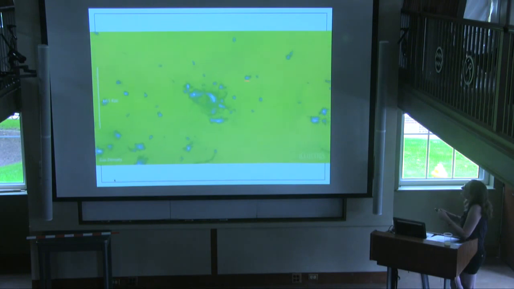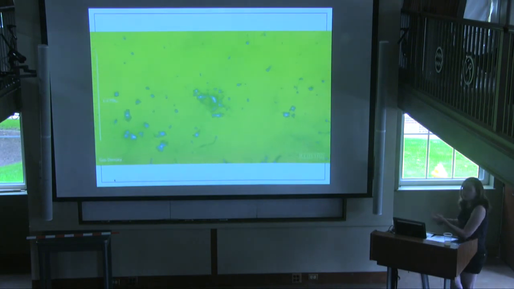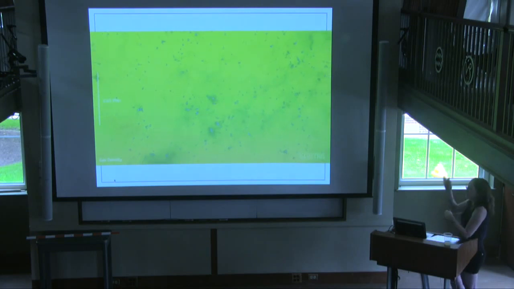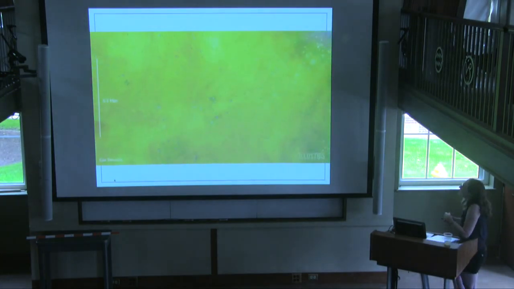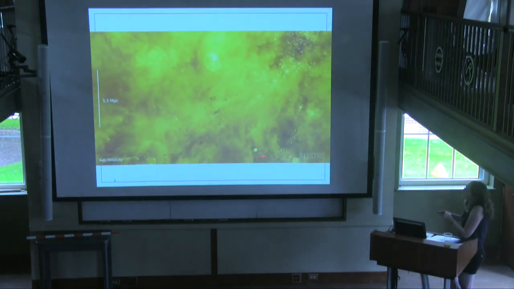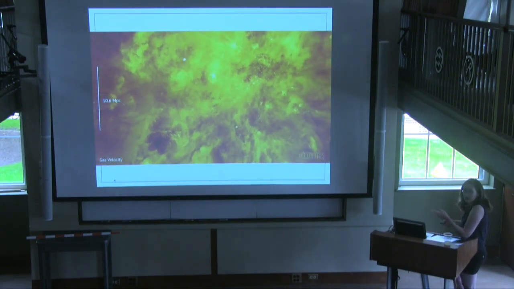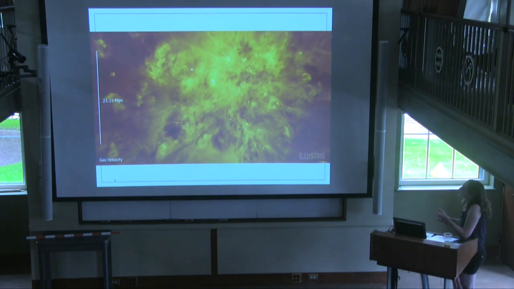Each of these little points here is a point of dense gas, which is essentially where stars are being formed in galaxies. So this gives you an idea of the number of galaxies that are in the box. Keep in mind that this is just a slice through the middle of it. And now we're going into the velocity structure. So you can see the effect of feedback on the velocity structure of the gas.